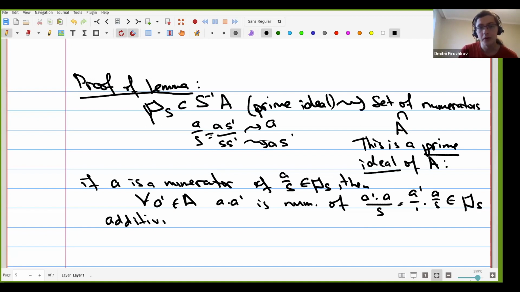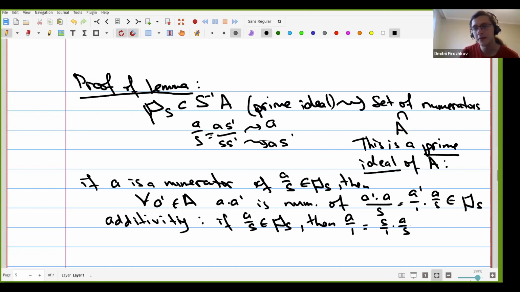So additivity, in the sense that a sum of two numerators will also be a numerator, follows from the fact that if a/s lies in P_S, then a/1 equal to s/1 times a/s also is in P_S.